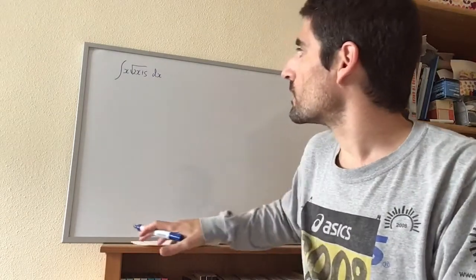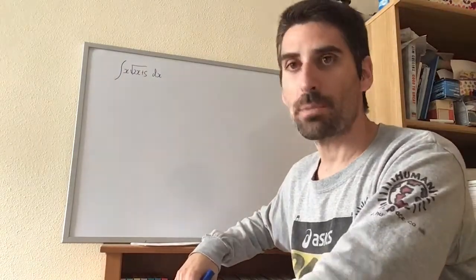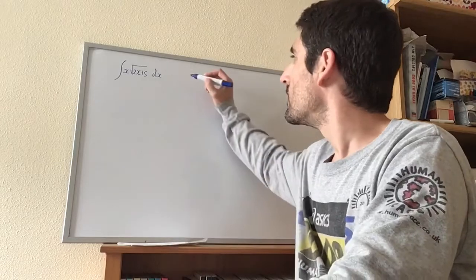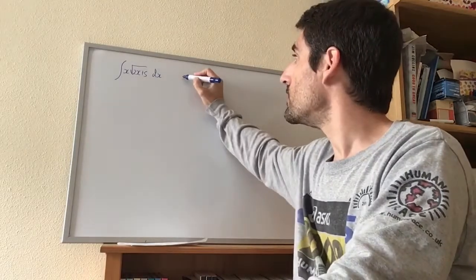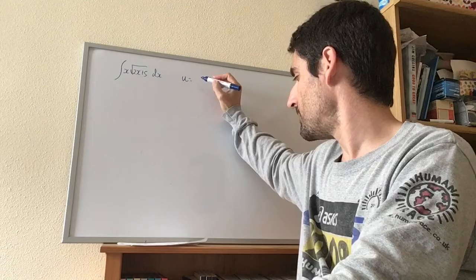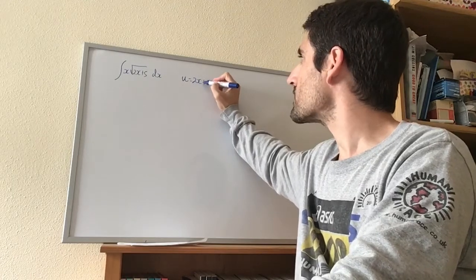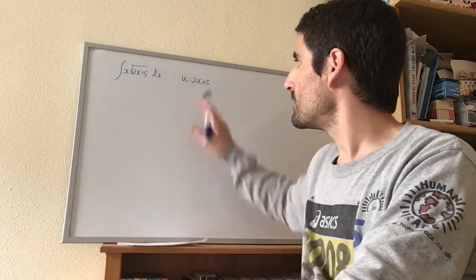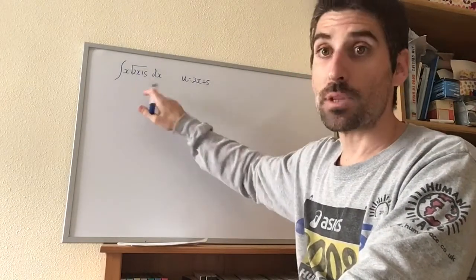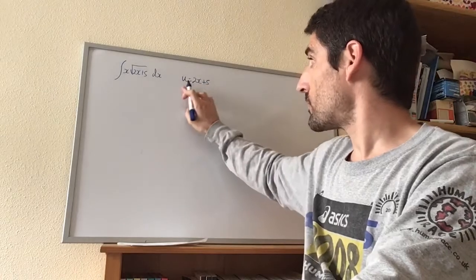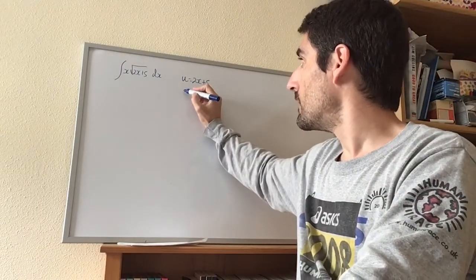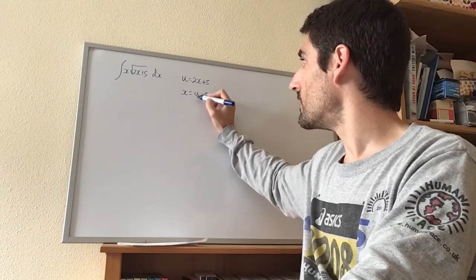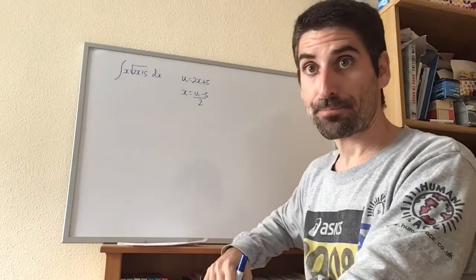So here, I want to integrate x root 2x plus 5 dx, and they tell me to use the variable substitution u equals 2x plus 5. Inside the square root, I'm going to write u, but I also need to get that x equals u minus 5 over 2.